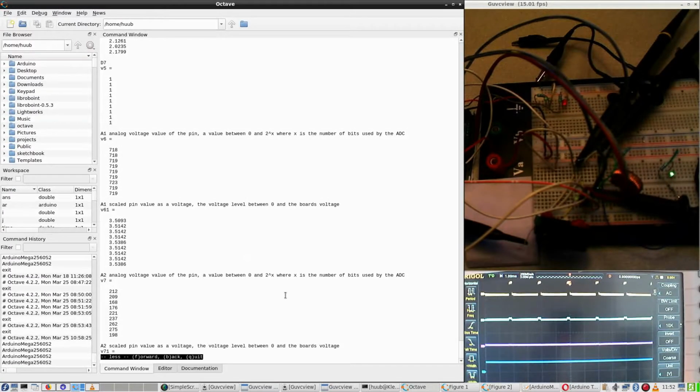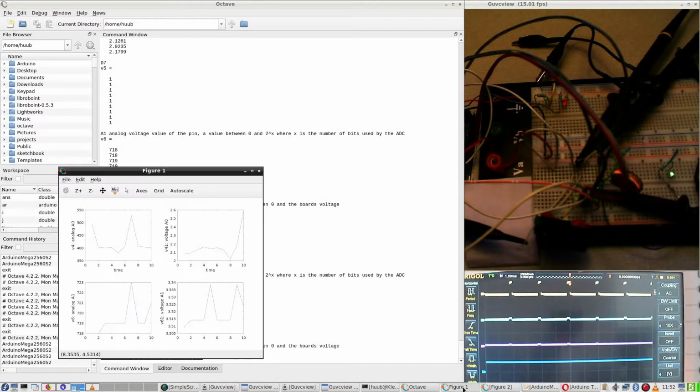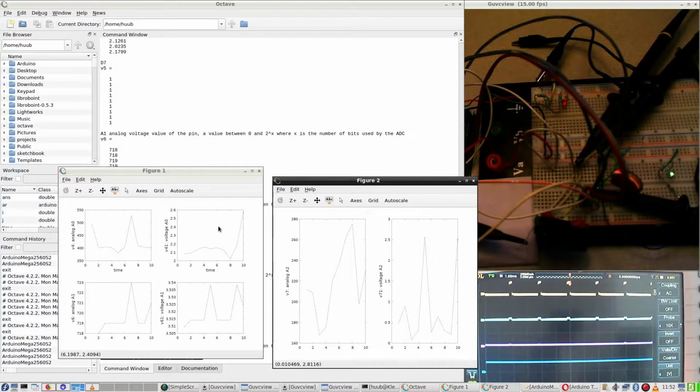Alright, let's take a look at the figures. Okay, this one looks a bit similar. Two high peaks. So yes, I agree with these. This one not so much. No. And this is again unexplainable.